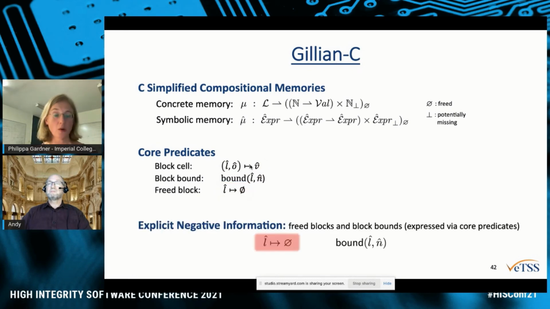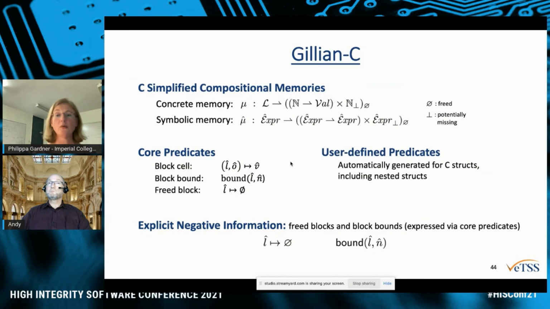And with this, we have explicit negative information about cells not being in a bound and about locations being freed. We have user-defined predicates automatically generated for C structs. And what that means is that the C structs from the target language are getting pulled into information in the intermediate representation.